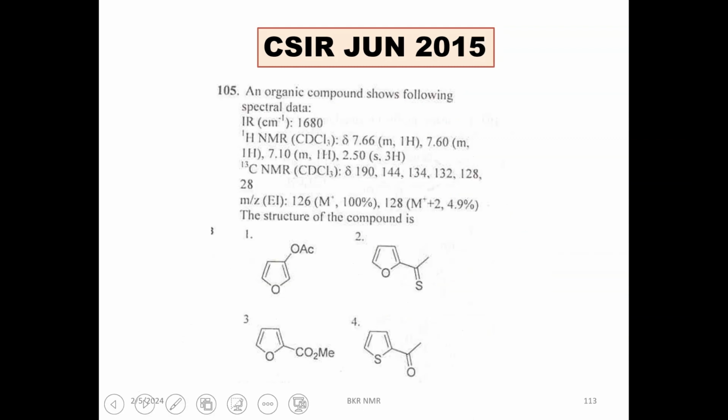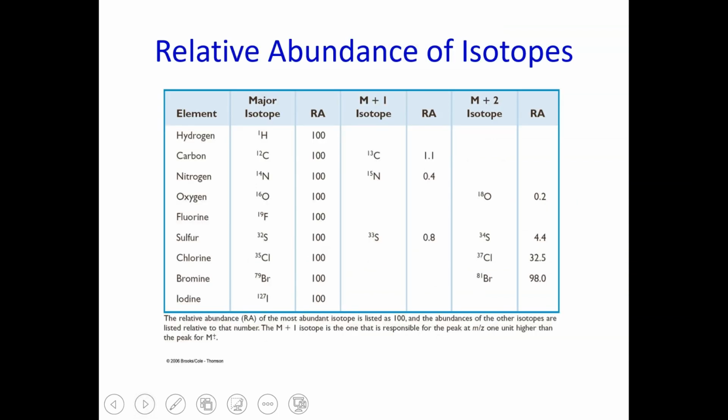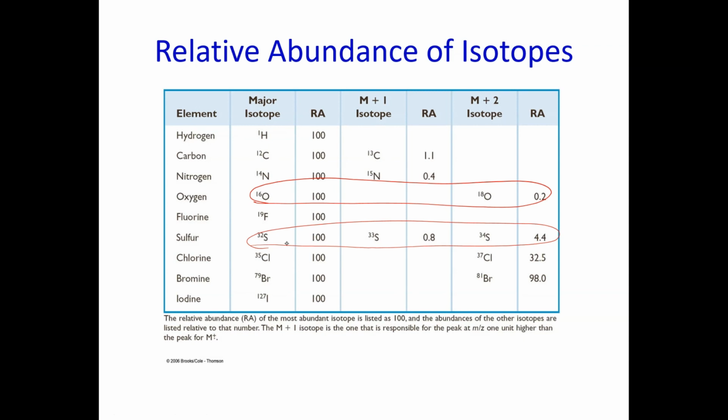Is it not so? An organic compound shows spectral data like this, and they've given four options. They're asking you to find the correct answer. See, in the mass spectrum, they've given the M peak and M plus 2 peak. So M and M plus 2, they are known as isotopic peaks. And you can see in oxygen, the abundance of O16 and O18 is just 100 and 0.2, whereas in sulfur it's coming around 100 and 4.4.